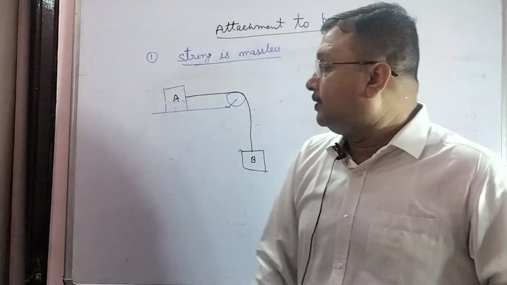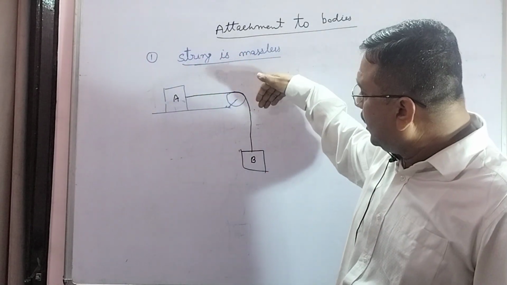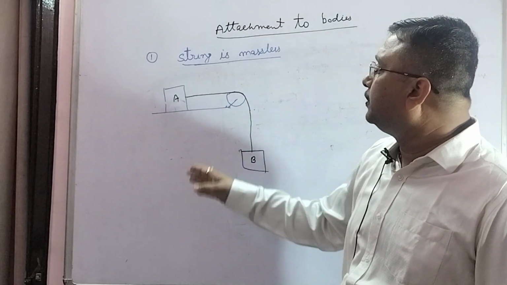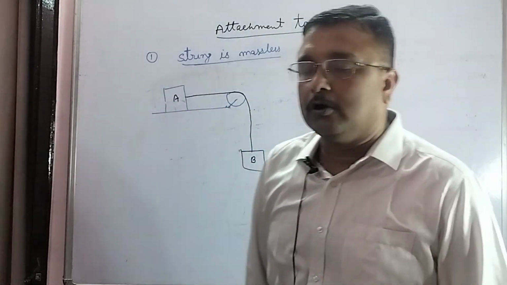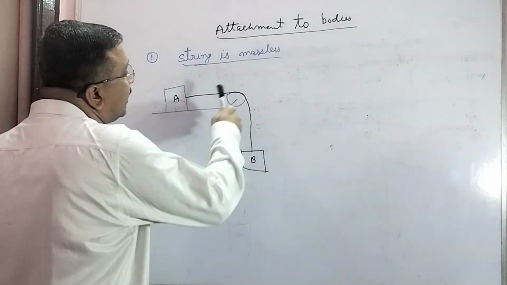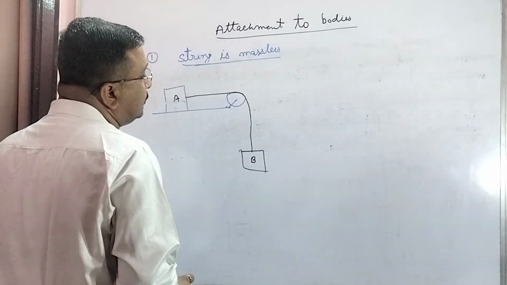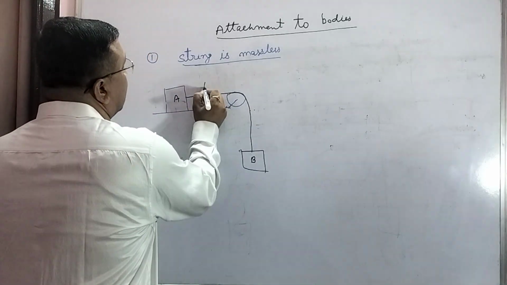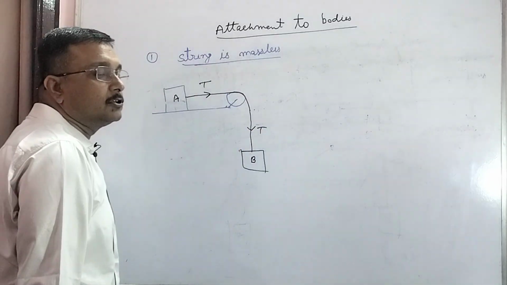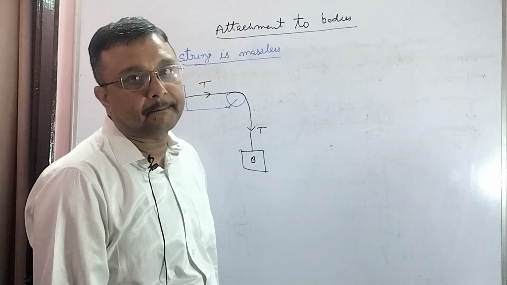There will be two sides of the pulley, left side, right side, upward, downwards, anything we can understand. But if a string is massless, the force of tension will remain the same. Correct?